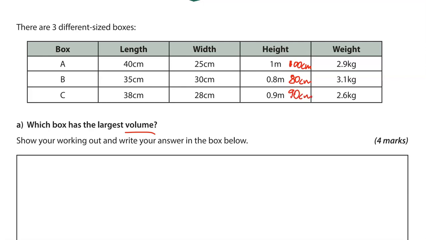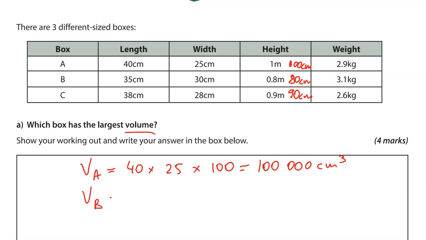So now I can just multiply to work out the volume of box A. I'm going to go 40 times 25 times 100, which is 100,000 cubic centimeters. The volume of box B, 35 times 30 times 80, which is 84,000 cubic centimeters.